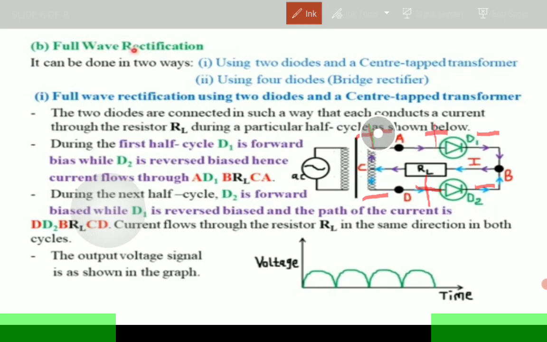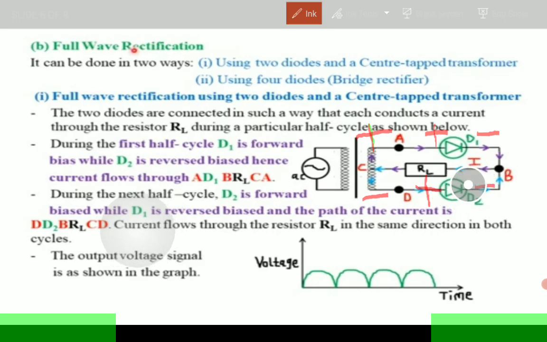So when the positive end is connected to the positive end and the negative end, which is this one here, is connected to the negative end, then current is going to flow through D1 like this. Notice that it is not going to proceed beyond point B. Current from D1 will not proceed through point B to D2, no.